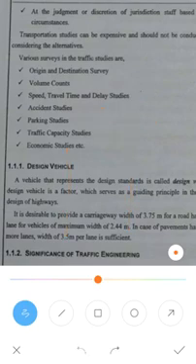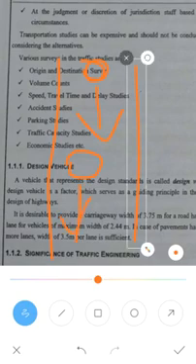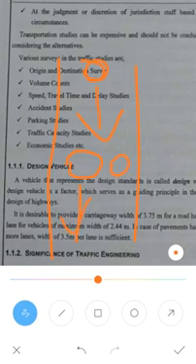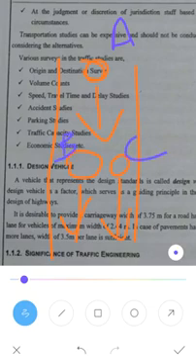Okay, consider this is the road. On this road there are different vehicles traveling at different points of the road. These are vehicle A, vehicle B, vehicle C. Like this, there are different types of vehicles traveling at different points.